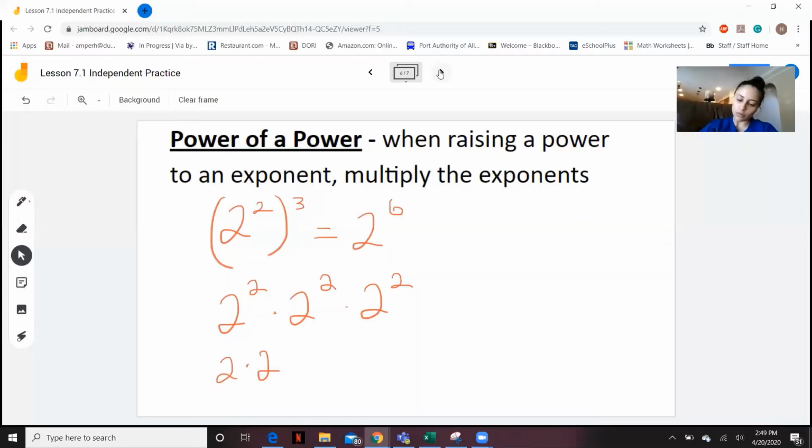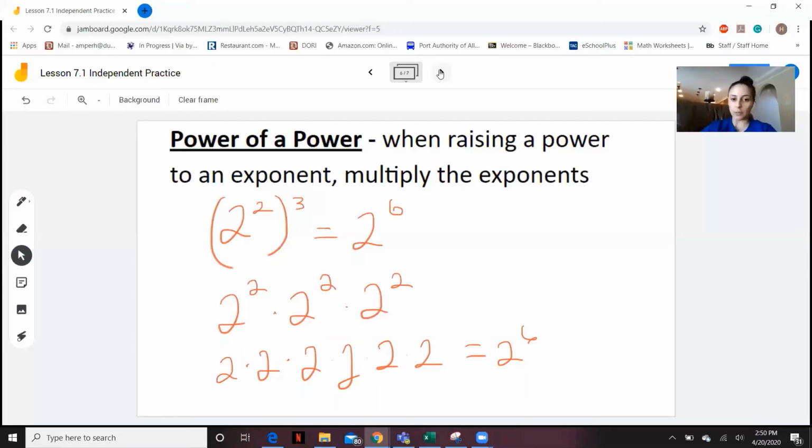So we'll have 2 times 2 3 times. And how many times are we multiplying 2? 6. Right? Because we have 2 times 2 times 2 times 2 times 2 times 2, 2 to the 6th. Okay? So whenever you have an exponent being raised to an exponent, instead of writing out all of the terms, you can use the shortcut and multiply.